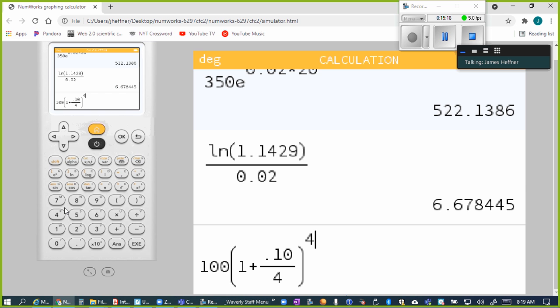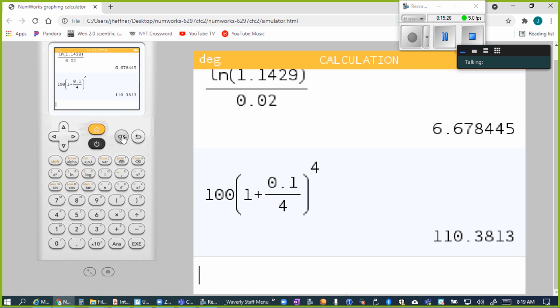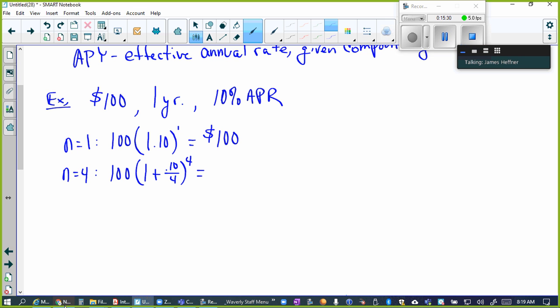Do you think this will be more or the same or less? It would be more. Let's see. Okay, a little bit more, 110.38. So we end up with 110.38, a little bit more after a year, okay?